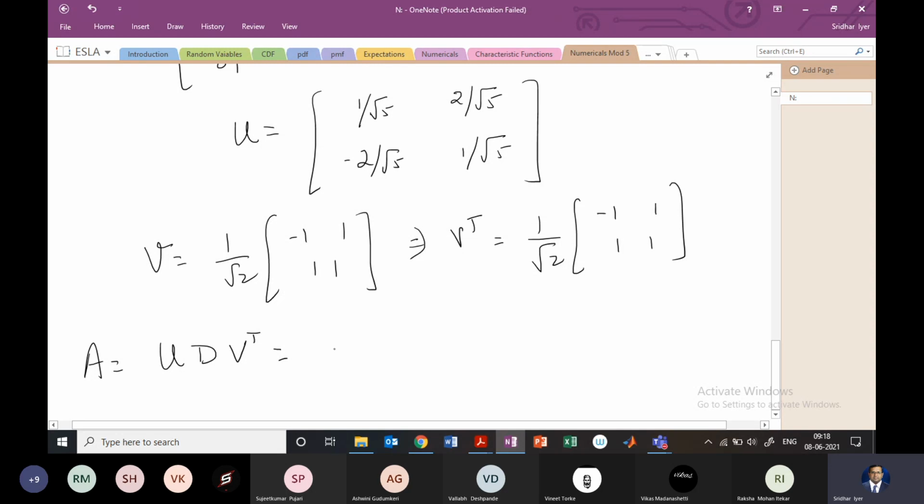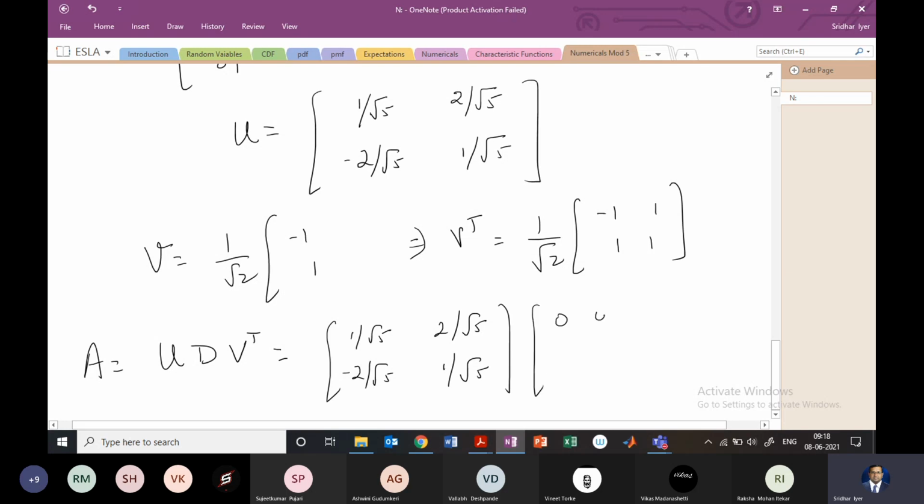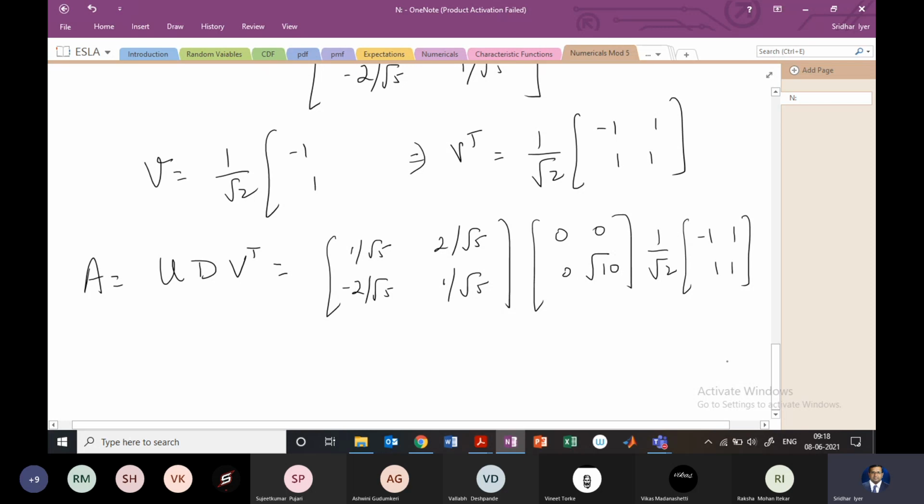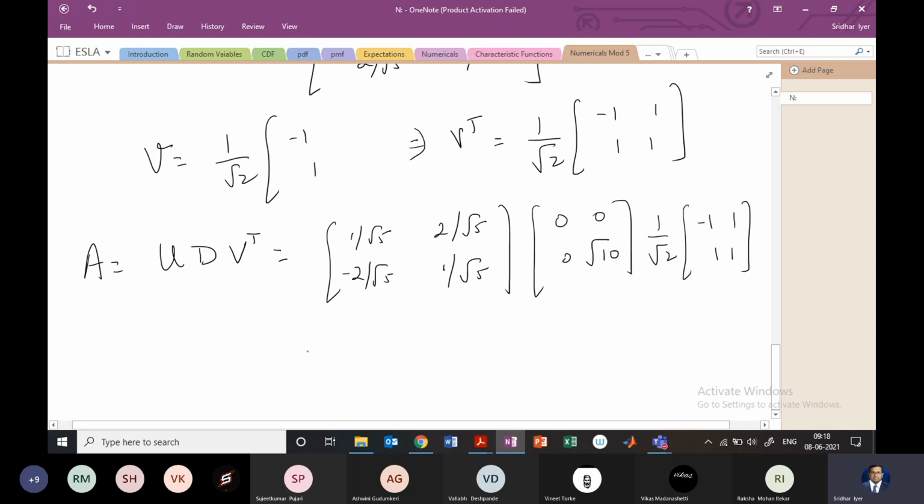So we have U as 1 by root 5, 2 by root 5, negative 2 by root 5, 1 by root 5, into D, which is 0, 0, 0, root 10, and V transpose, which is 1 by root 2 times negative 1, 1, 1 and 1. So that is what we get on the RHS, and if you solve this at the end, you will get an answer of 2, 2, 1 and 1, and that is nothing but A, right?